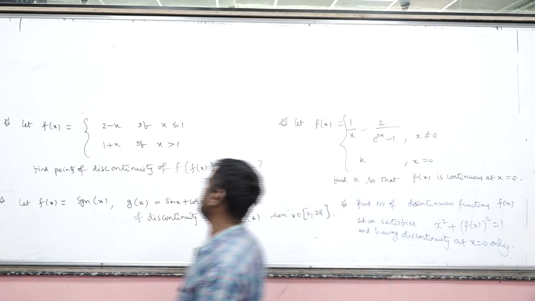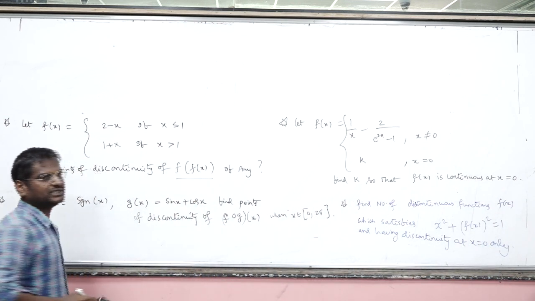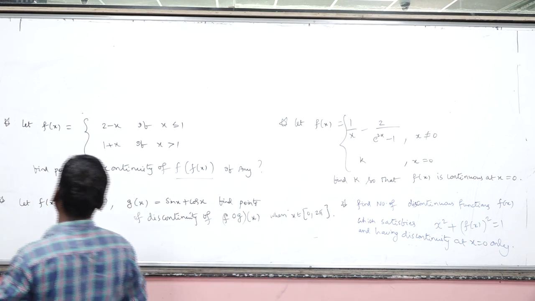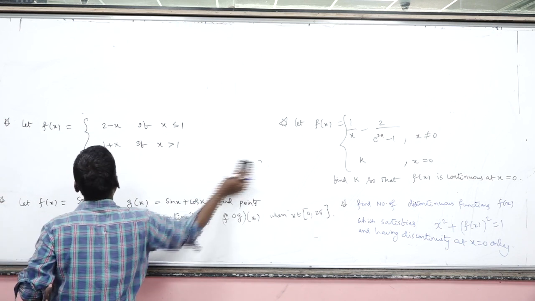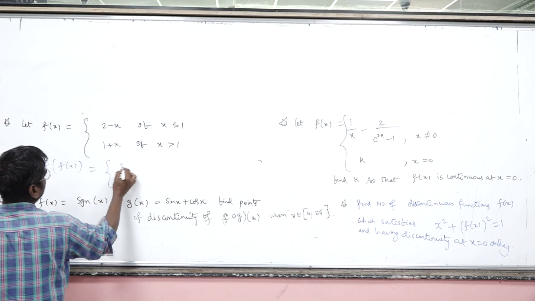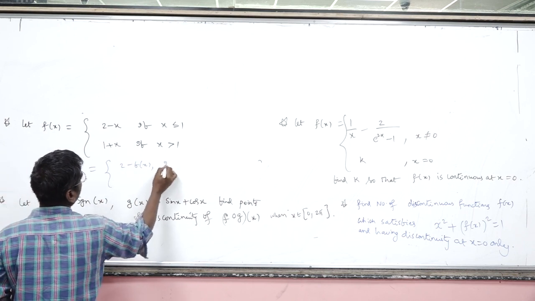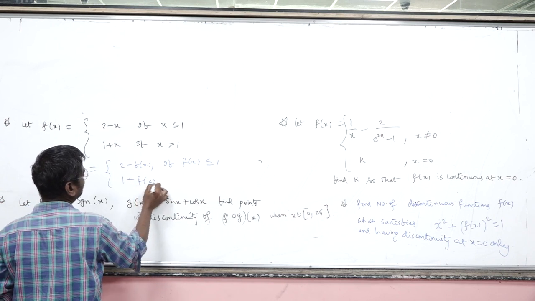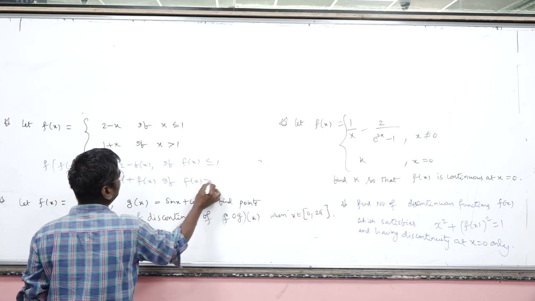So we'll first calculate what is the composite function f of f of x. We know well, all we have to do is to replace x by f of x. So that is 2 minus f of x if f of x less than or equal to 1, 1 plus f of x if f of x more than 1.